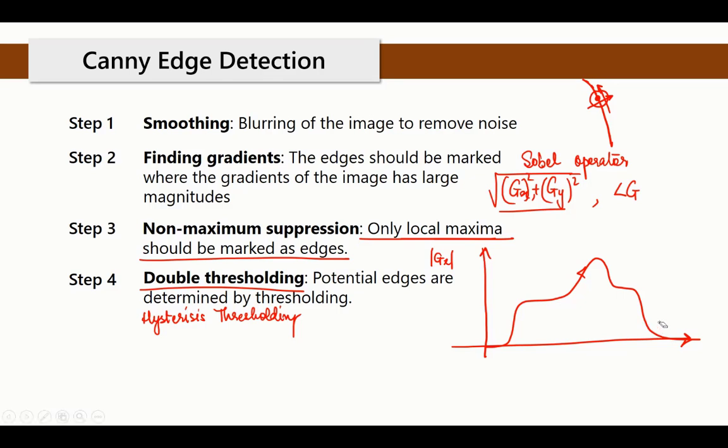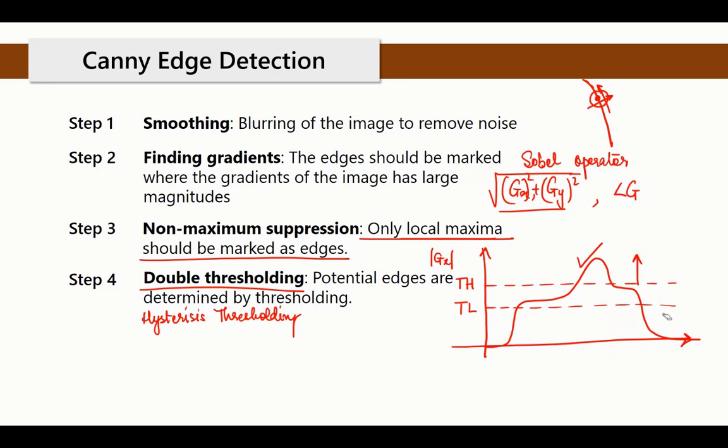So double thresholding means that I will set one threshold for the gradient response, say a higher threshold. Everything above this threshold is definitely going in. All the edges which have a gradient magnitude above this threshold are definitely in. I will also set a second, lower threshold.